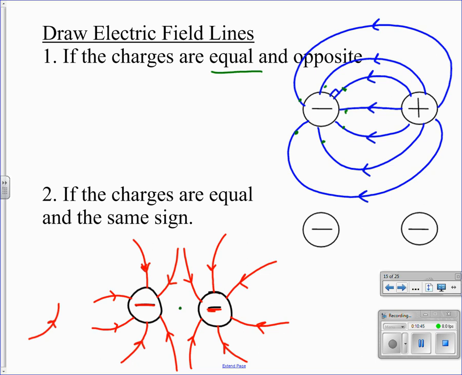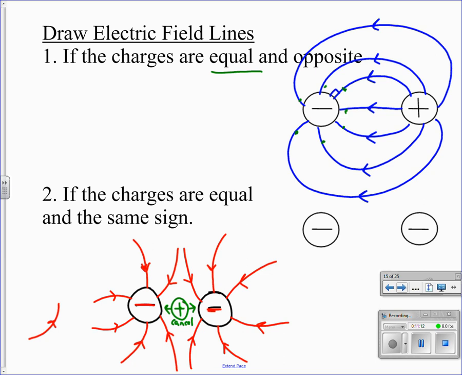Right at this point in the center, there is no field. Why? Well, if I put a charge right at that center point, and it doesn't matter if it's positive or negative, but just for the sake of my example, let's say I put a negative charge right in the center, what's going to happen? It's going to be attracted to the right, it's going to be attracted to the left. And these two forces are going to cancel.